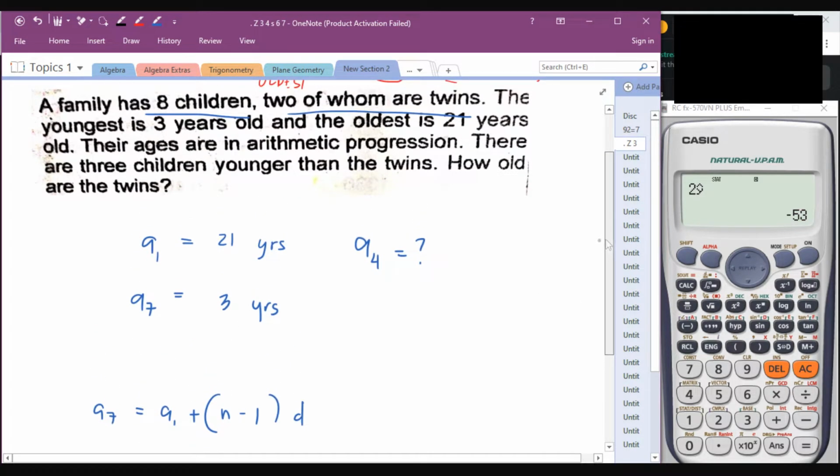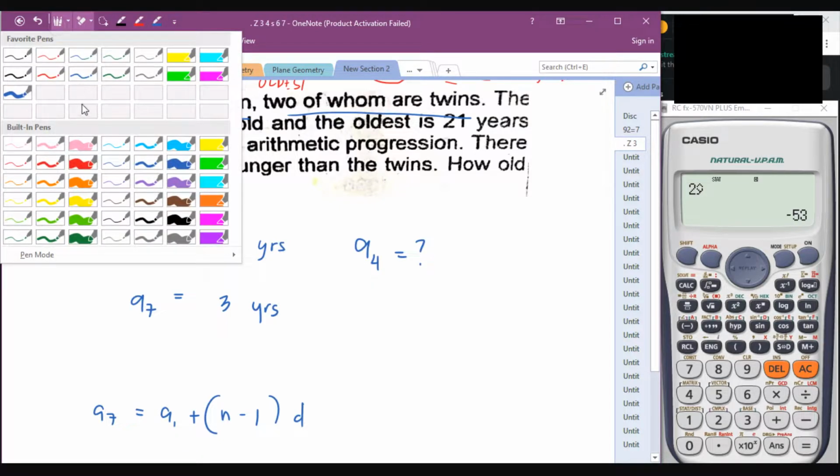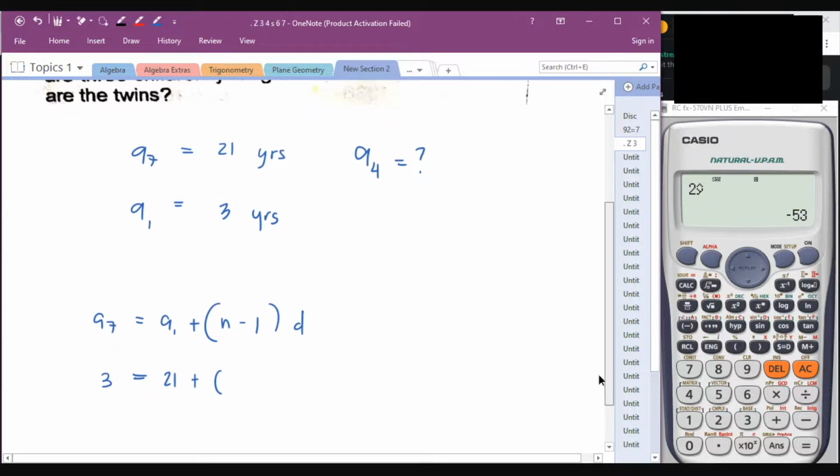The youngest can be A7. Anyway you want it, nothing should become negative there. We can say this is the oldest, or we can say this is the youngest. Or the firstborn could be A21.